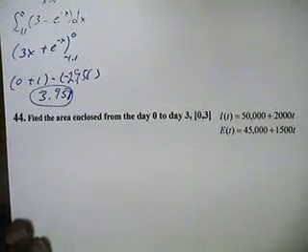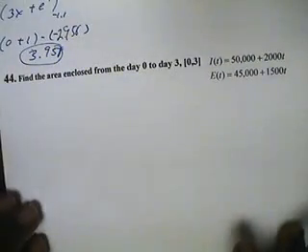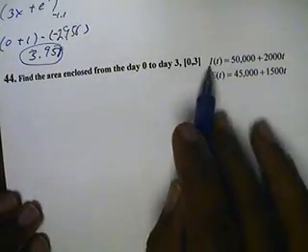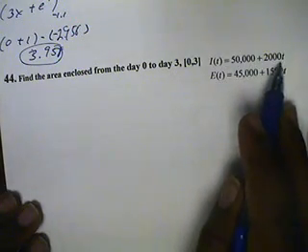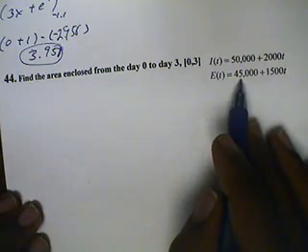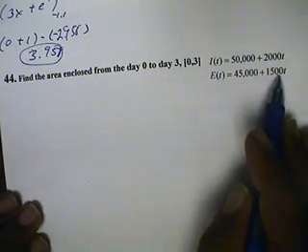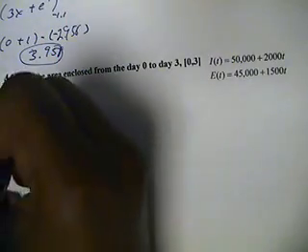Alright, next. We want to find the area enclosed from year 0 to year 3. My income is described as this function right here, $50,000 plus $2,000 per year. And my expenses are described as $45,000 plus $1,500 per year. And the area between those two curves.